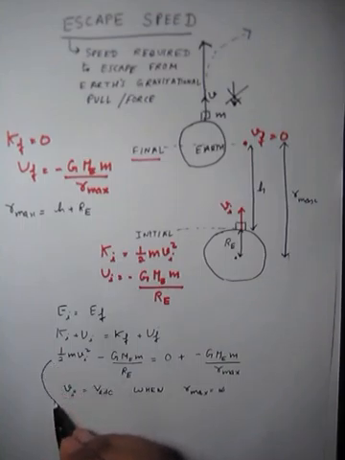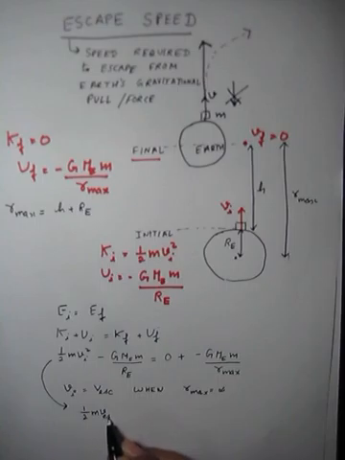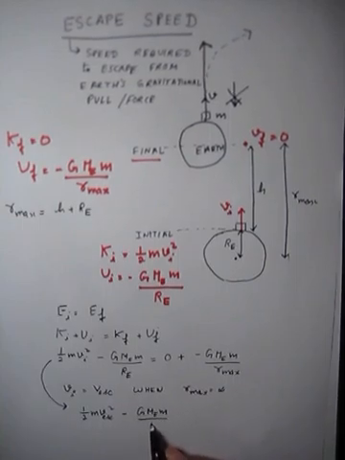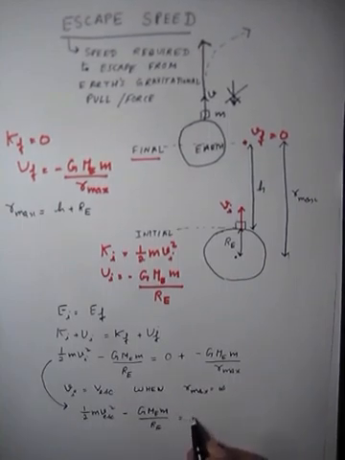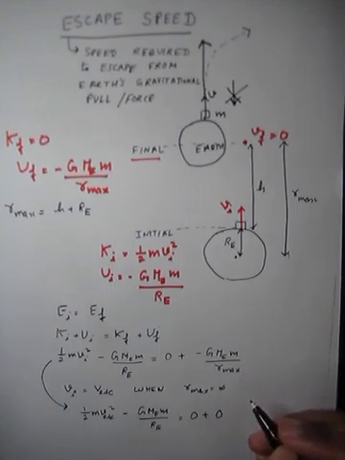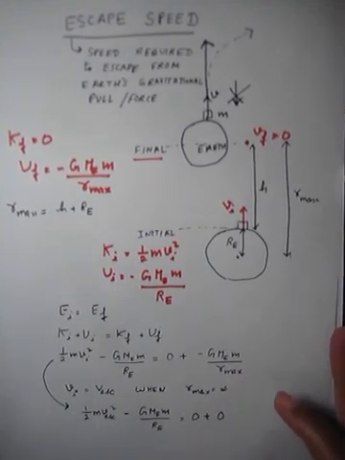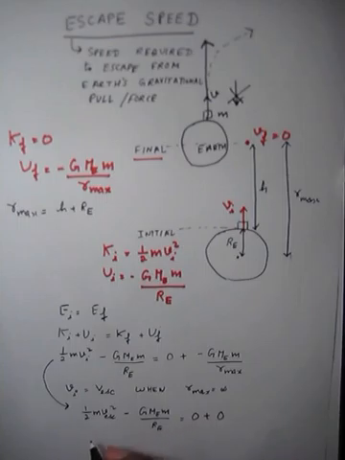So in this equation, 1/2 m v_escape squared minus G M_E m upon R_E will be equal to 0 plus 0, because now the maximum distance will be infinite. Therefore from here we can find out v_escape.